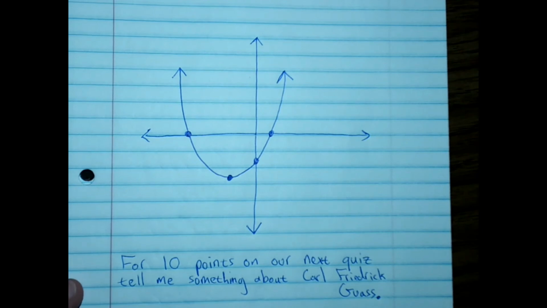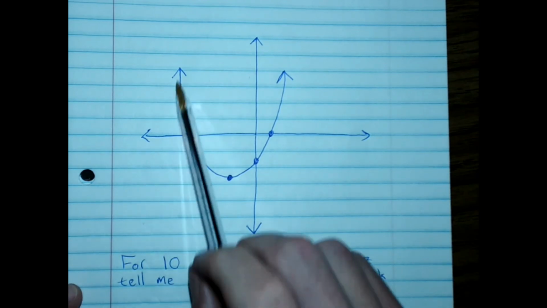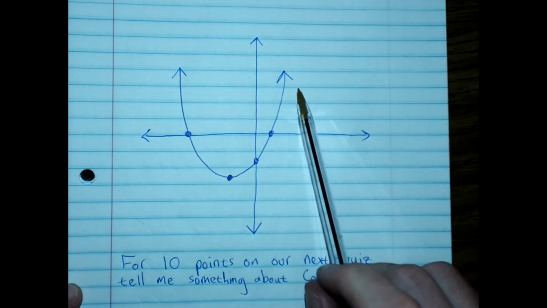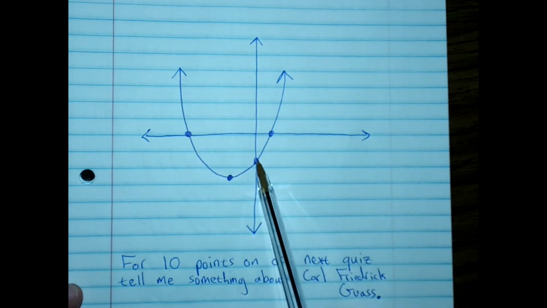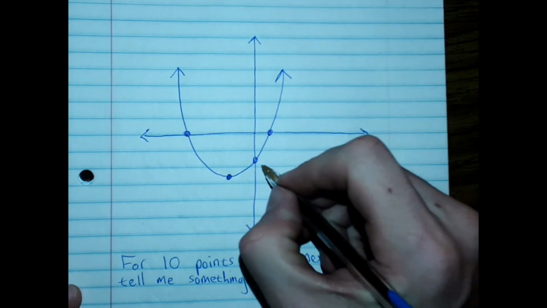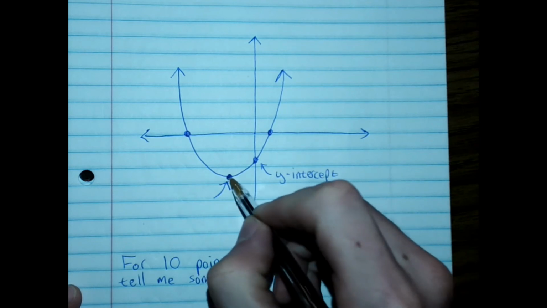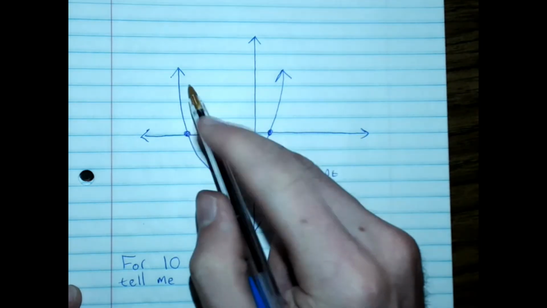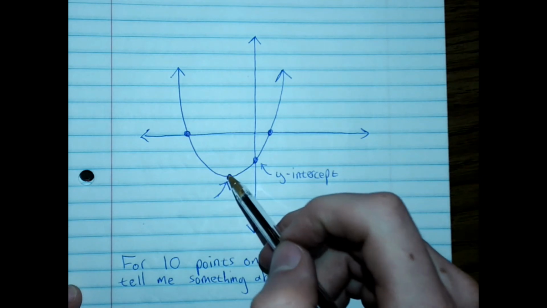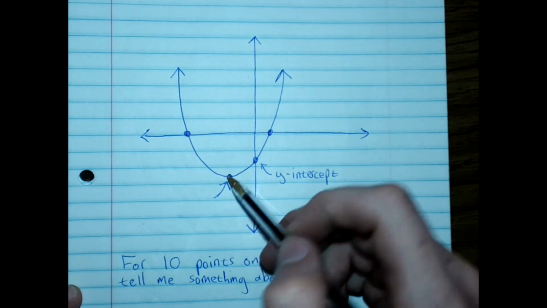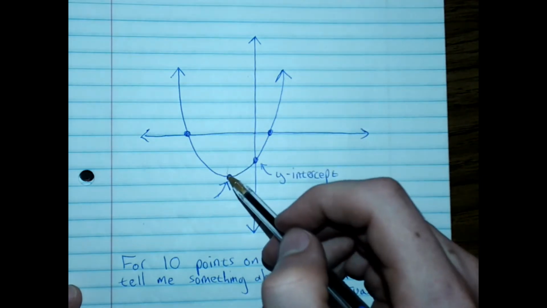And to wrap this video up, here is an illustration of a quadratic with some key points highlighted. This point here is the y-intercept. This point here is our vertex, which can also be either a maximum or a minimum, and in this case it's a minimum because it's the lowest point on the graph.